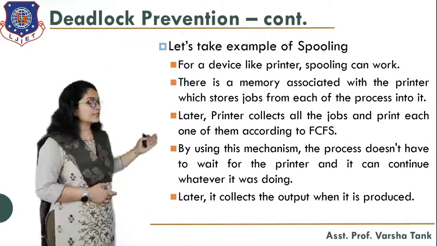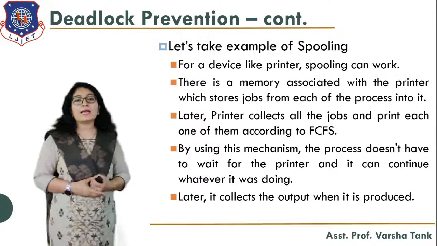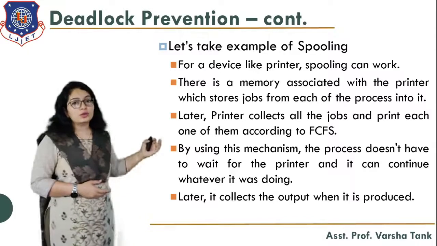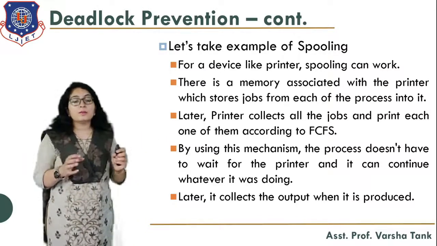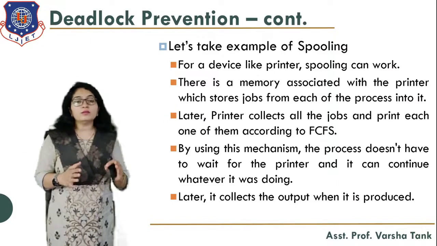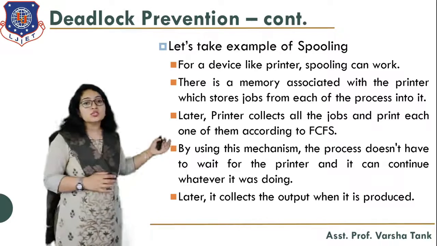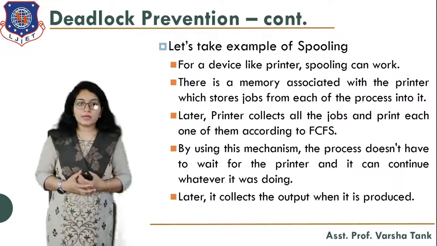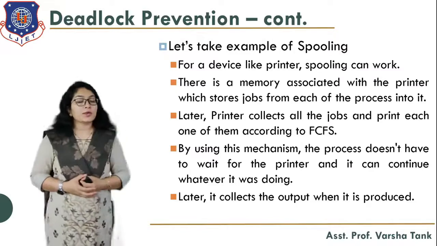Now here again, let's take the example of spooling. For a device like a printer, spooling can work. As in the last slide, the printer will print just one document at a time. There is memory associated with the printer which stores the jobs from each process.